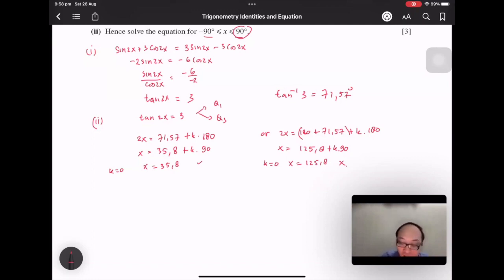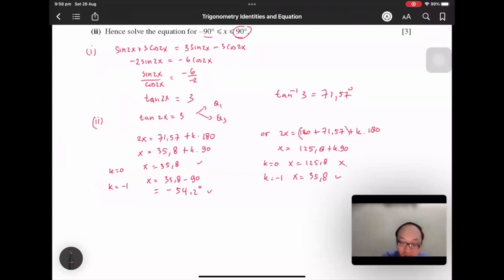And then if I put k equals negative 1, I will have x equals 125.8 minus 90 degrees. So I have 35.8, which is the same as the first answer. Now, if from here I put k equals negative 1, I will get 35.8 minus 90 equals negative 54.2 degrees.